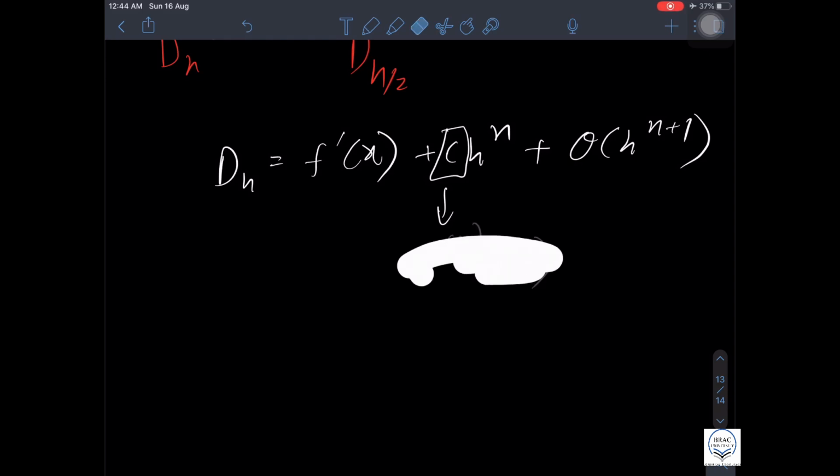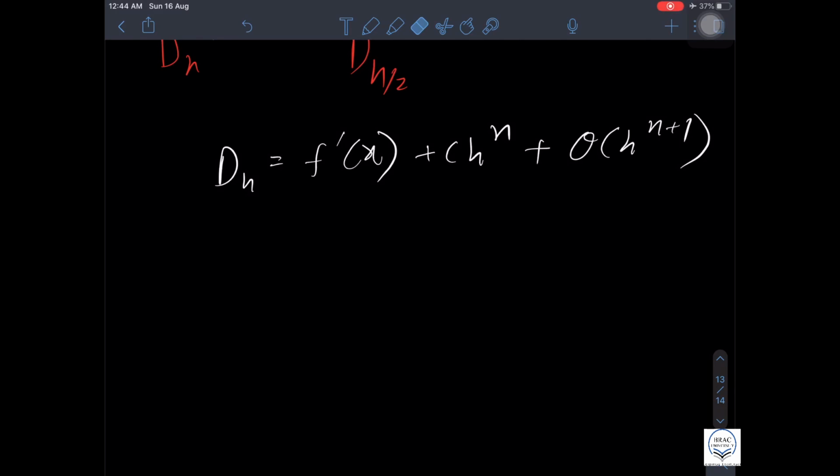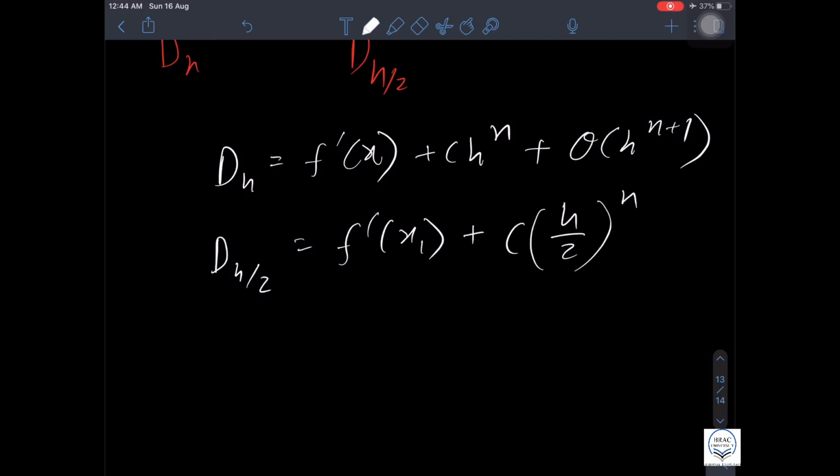So the punchline is, now what can I do? I can take d_{h/2} again, and I'll get f prime of x1, and I'll get c (h/2)^n plus order h^(n+1).